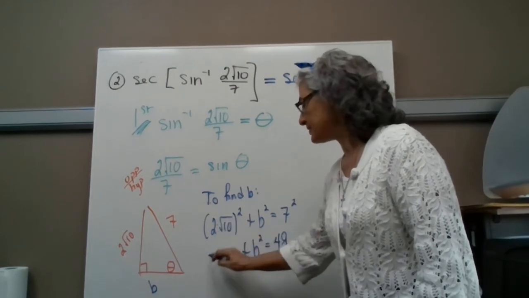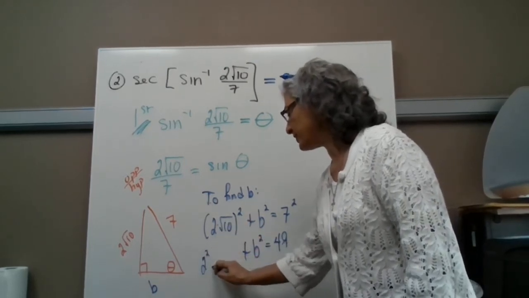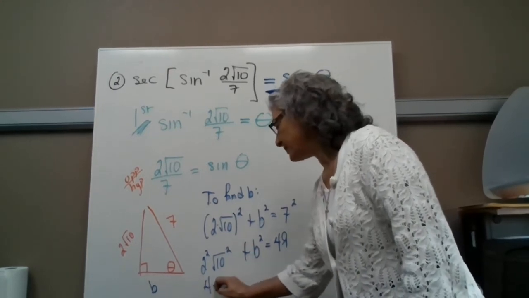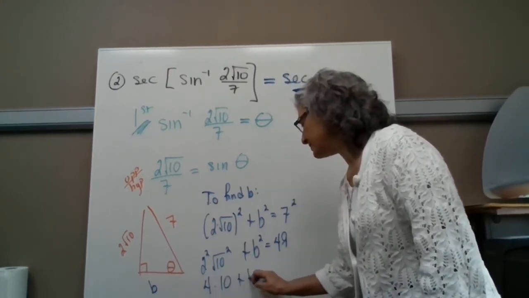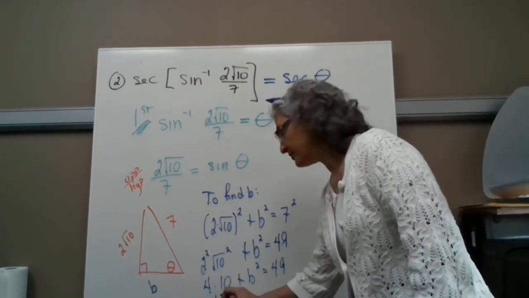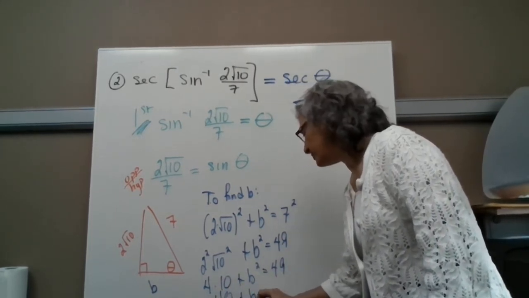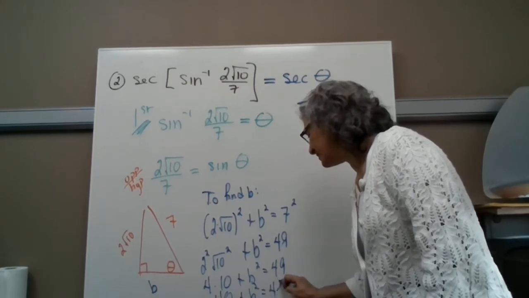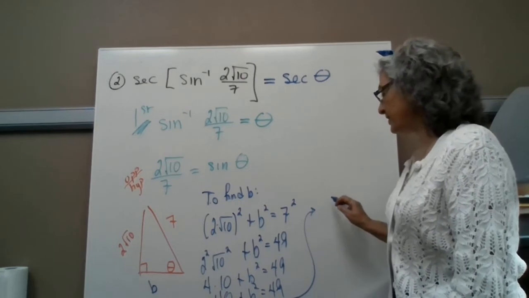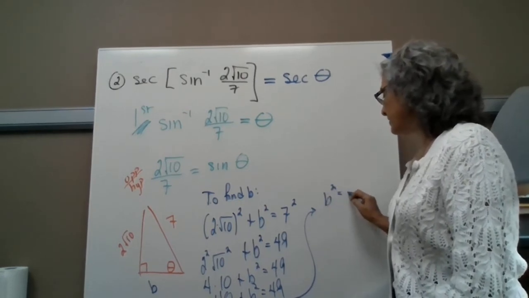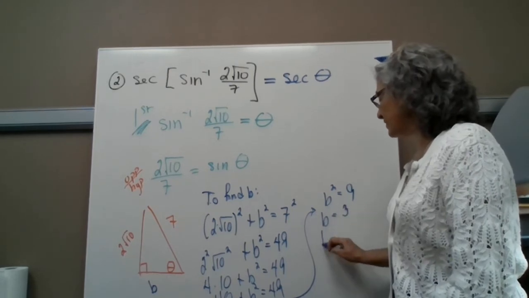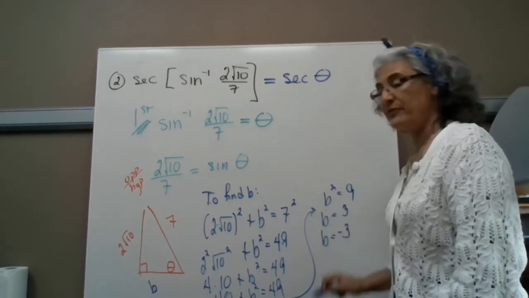Remember, since this is multiplication, this is 2 squared times the square root of 10 squared. That's going to be basically 4 times 10. And 4 times 10 is, that's right, 40. So 40 plus b squared equals 49. And if I look at it over here, b squared is going to be equal to 9. B is either equal to a positive 3 or b is equal to a negative 3.